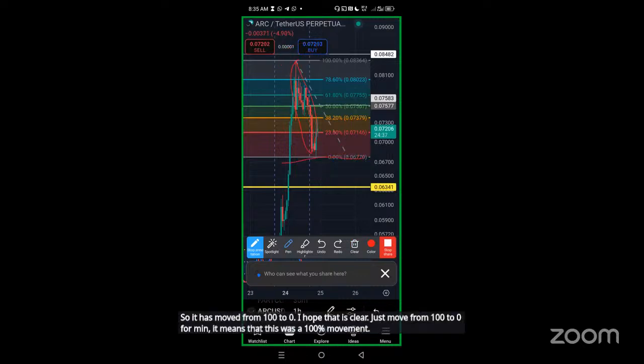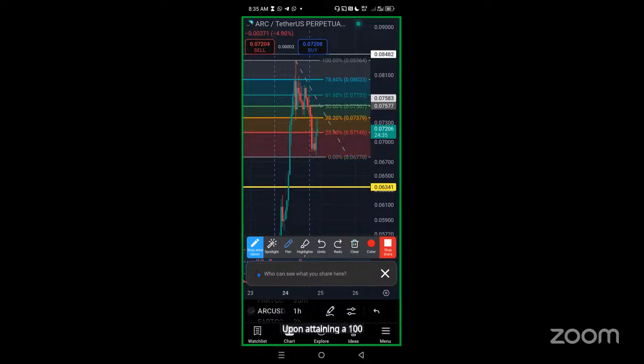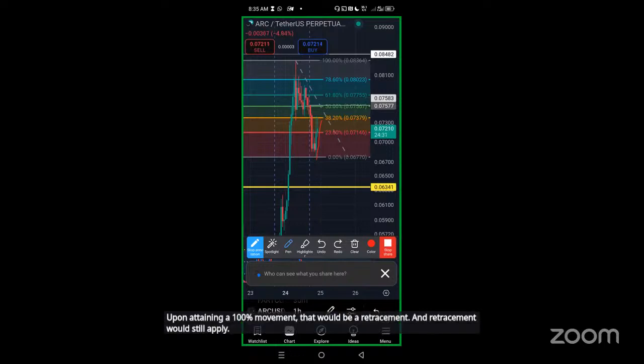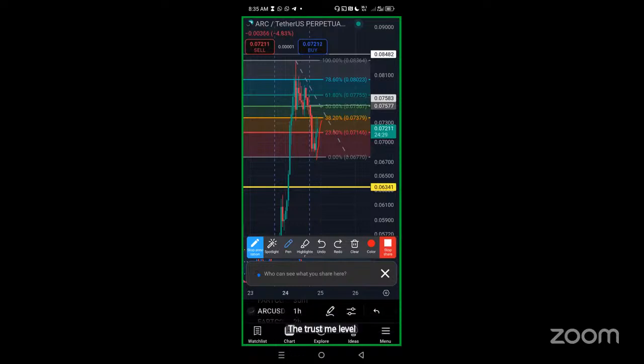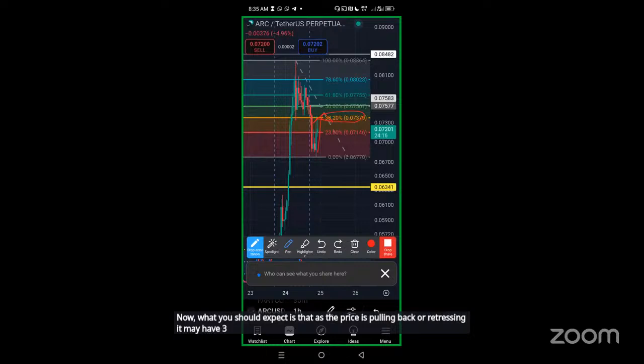Upon attaining a 100% movement, there would be a retracement, and the retracement levels still apply. You either have the 38.2, the 50, or 61.8. Now, what you should expect is that as the price is pulling back or retracing, it may have 38.2% as the rejection level.